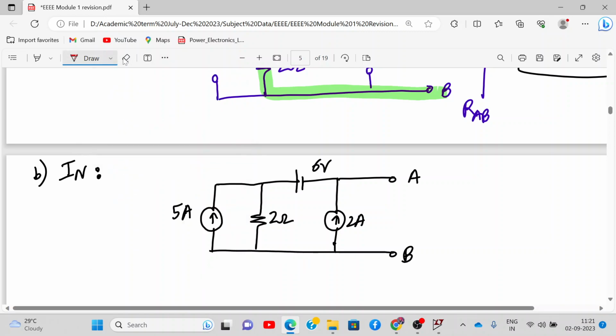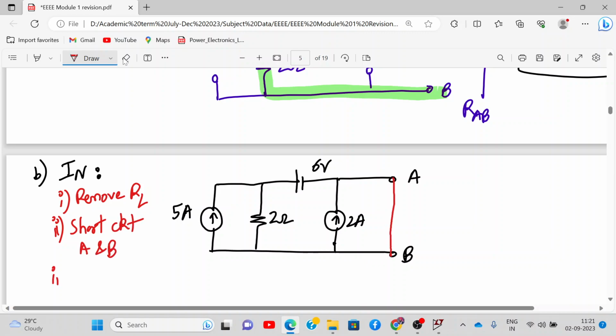Alright. So what do we do over here for IN? We remove RL. Okay, we have removed RL. RN is not present between A and B anymore. Then second, we short circuit A and B, like this. Then find IN, the short circuit current.